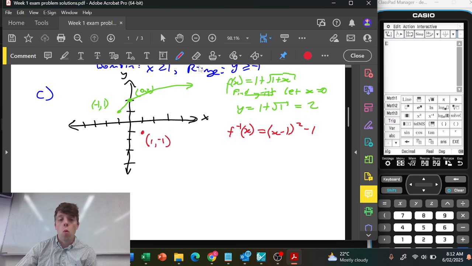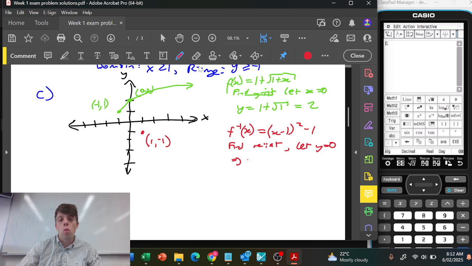And similarly, when will y equal 0? Because we want to find what the x-intercept is. So we want to find, let's do it in the same format as above, the x-intercept, because we want to know when it passes through here. So we let y equal 0.